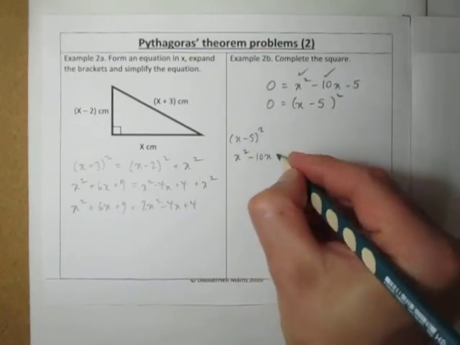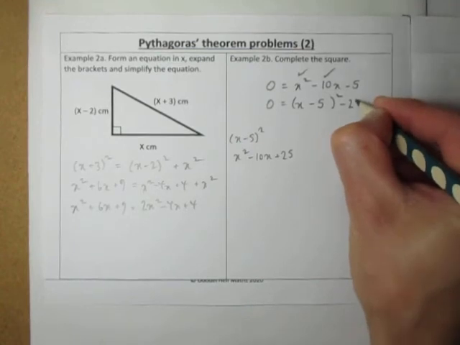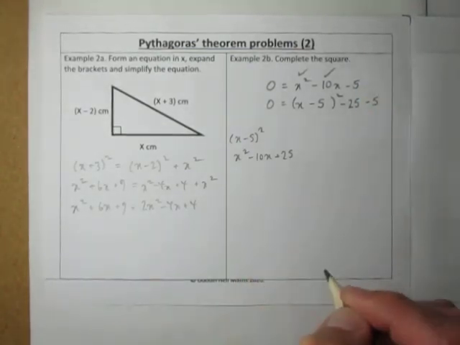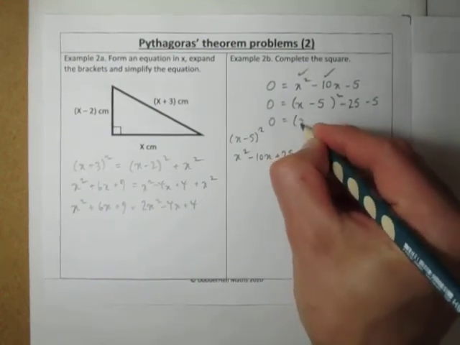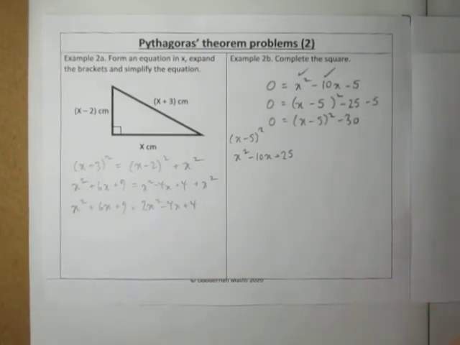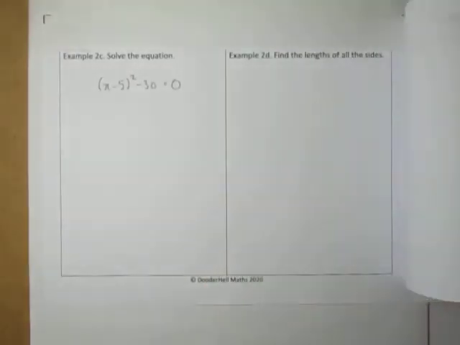However, it's also going to give me plus 25, which I do not want. So I'm going to have to take away the 25 there. And I've also got the minus 5 from before, which simplifying gives me 0 is equal to x minus 5 squared minus 30.